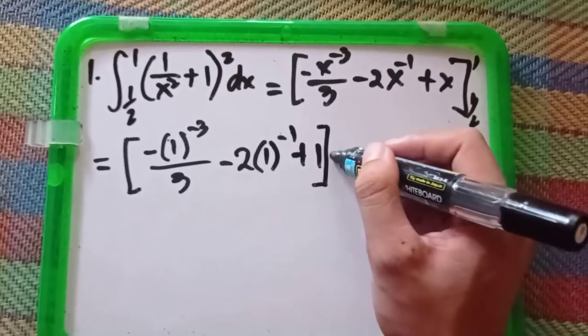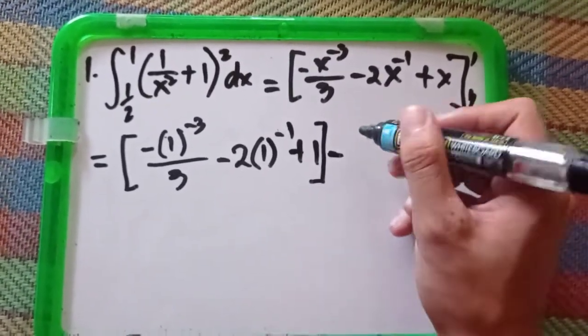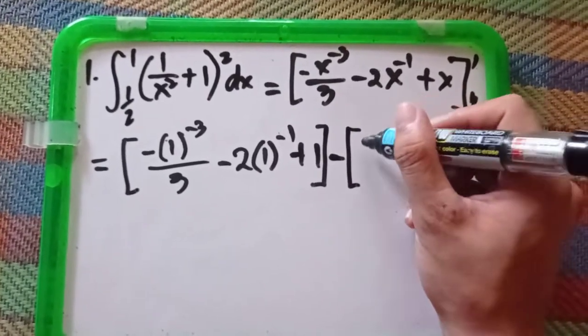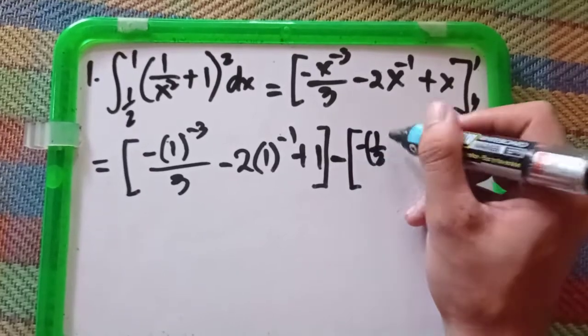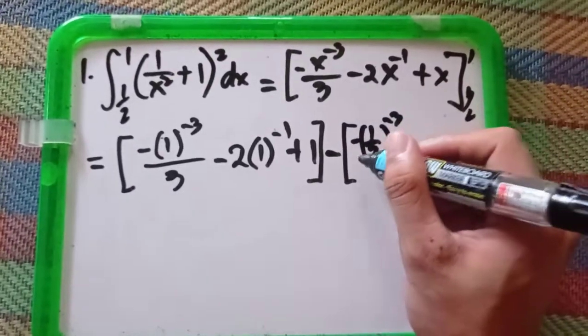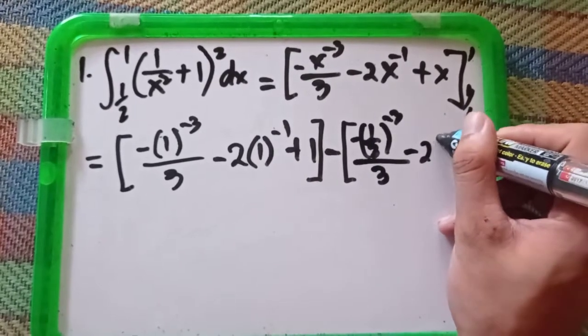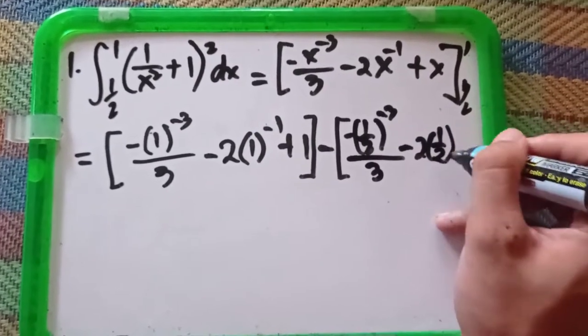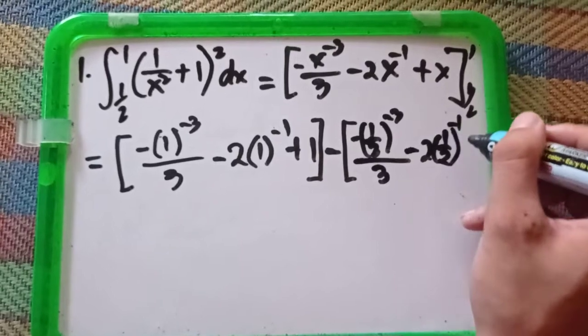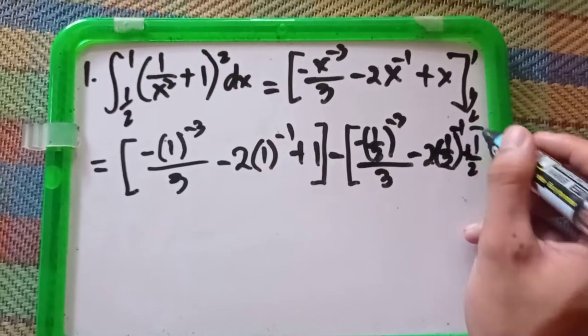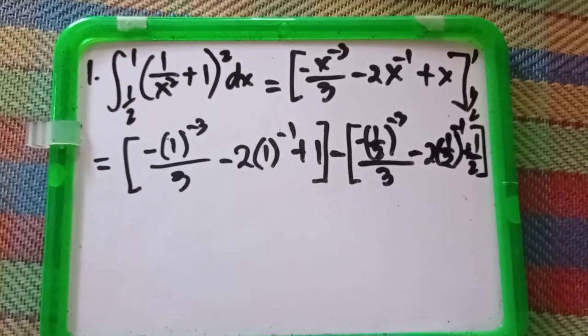And next is minus negative 1 half raised to negative 3 over 3 minus 2 1 half raised to negative 1 plus 1 half. Okay, plus 1 half.